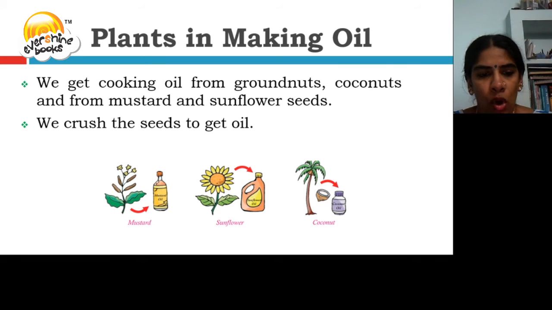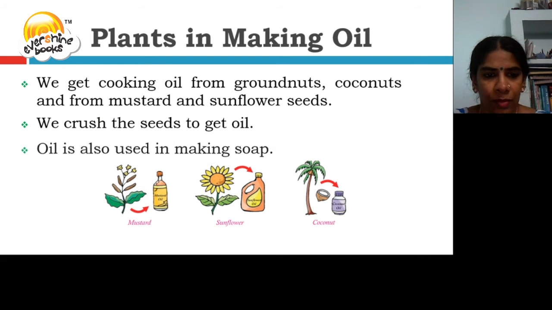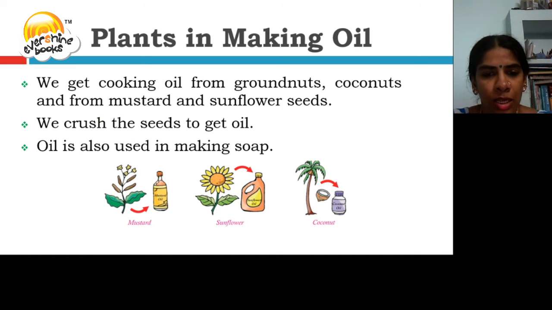If the seeds of the mustard plant are crushed, we get mustard oil. If we crush the seeds of the sunflower, we get sunflower oil. If we crush the seeds of the coconut, we get coconut oil. Oil is used in making soap.